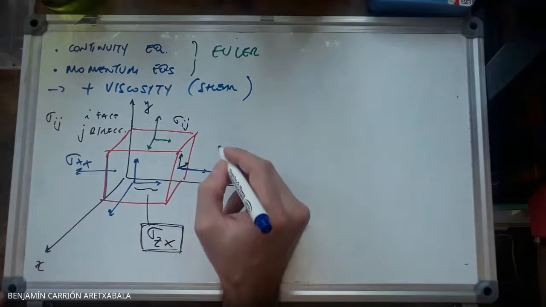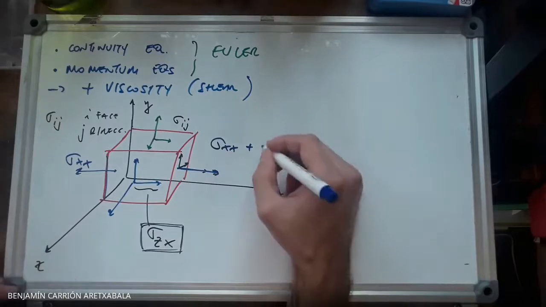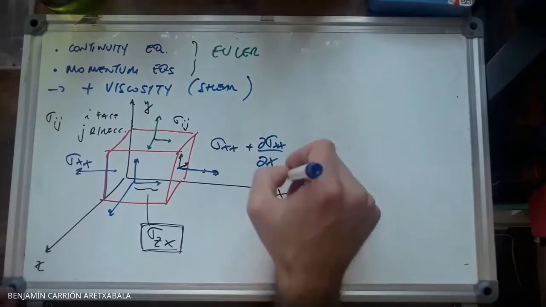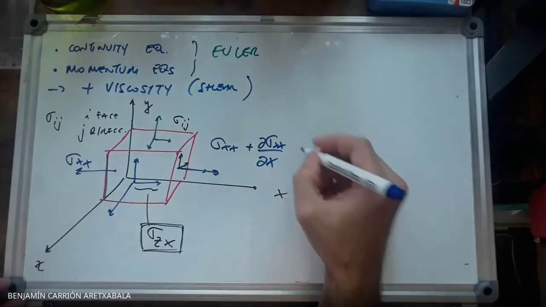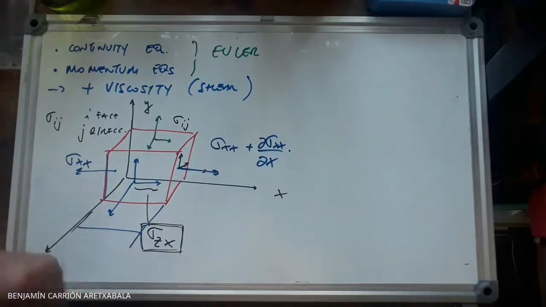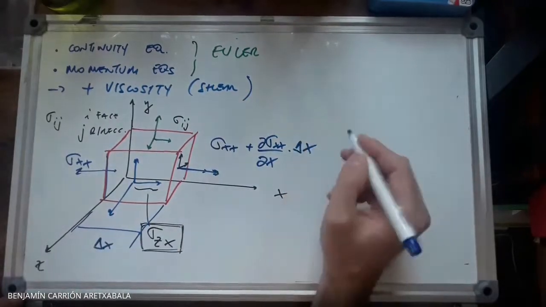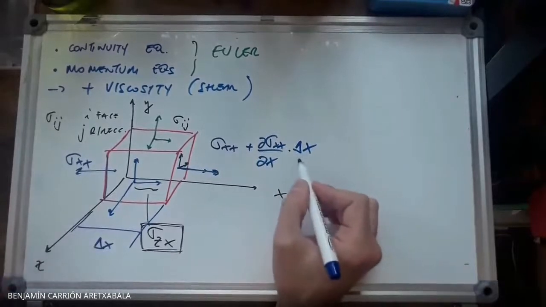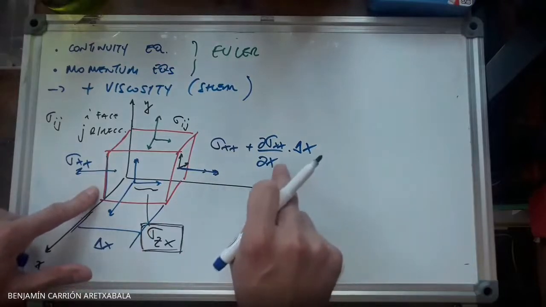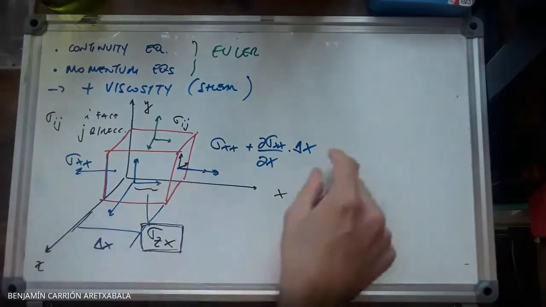Well, it's going to be the same as before: sigma xx plus the derivative of sigma xx with respect to x times this distance. We're going to call this, in the book you had a delta, but I'm going to use an actual delta, because this is clearer to me as a distance. So basically between one face and the other, your variation is due to the unit size of the element and the derivative.